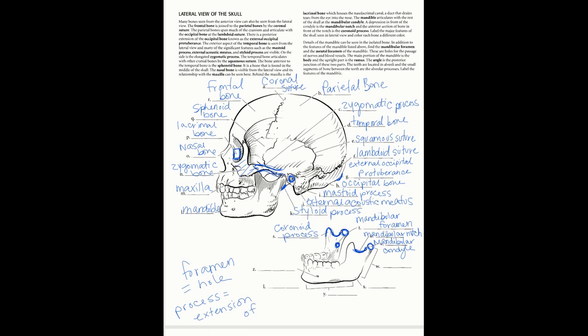The mandibular condyle then leads us to the ramus, which is the back surface of the mandible. We then have a shift in direction called the angle, which then leads us to the body, which is kind of like what you consider your jawline.